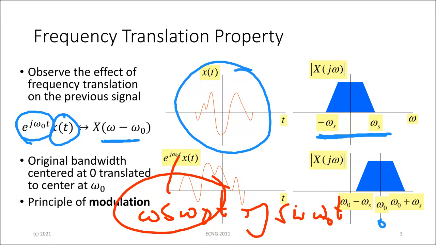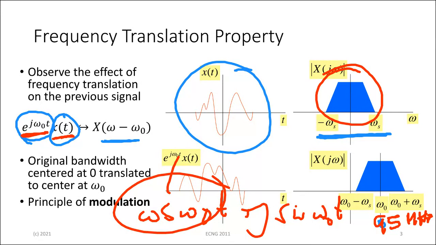So if omega naught was, let's say, a 95 megahertz signal, what is going to happen if I multiply my audio signal with a 95 megahertz signal? The normal 20 hertz to 20 kilohertz audio signal is now shifted and centered on 95 megahertz. You're now able to send it to an antenna with some electronics and transmit it down the road for somebody else to pick up.